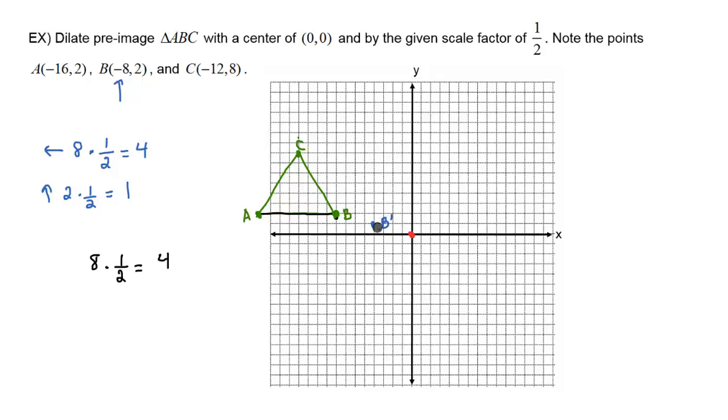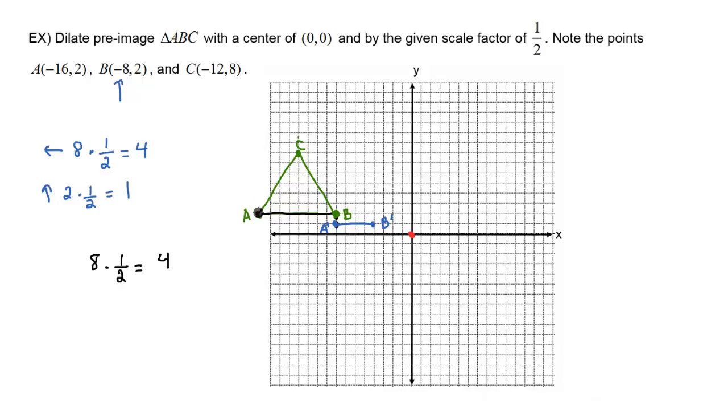So then from B prime, I know that A prime is going to be somewhere around here, and it's going to be a length of 4. So I move over 1, 2, 3, 4, and that's going to be A prime. Remember, this side is going to be in proportion with this side. So if this side is 8, then A prime to B prime is going to be 4.